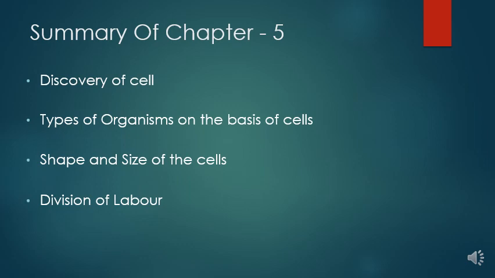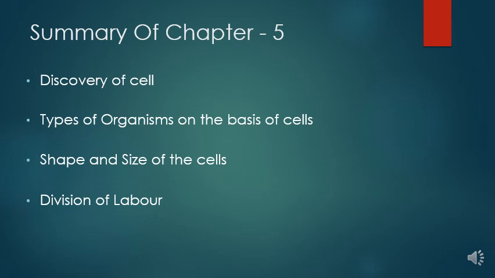In multicellular organisms, many cells group together to perform different functions in the body and also form various body parts. For example, plants, animals, human beings, etc. They have complex body structure and comparatively longer lifespan.